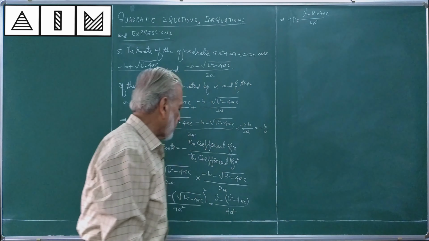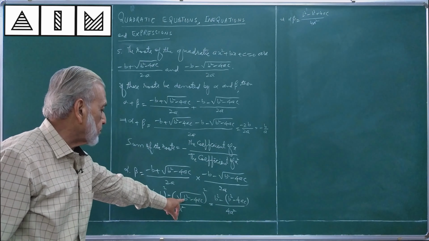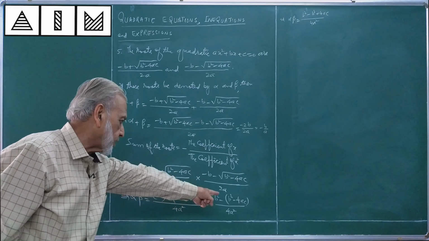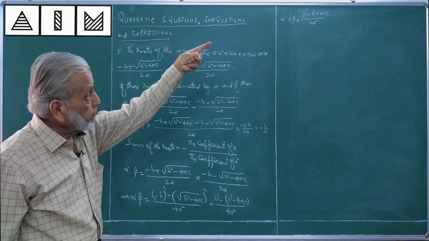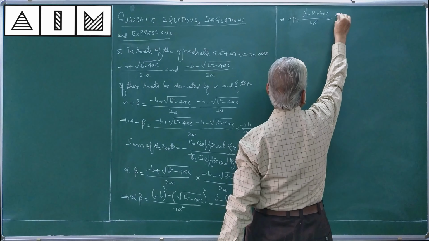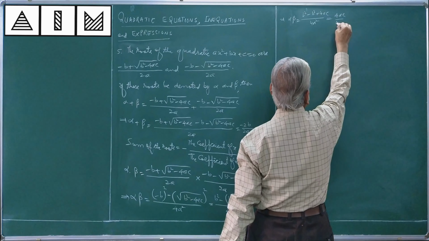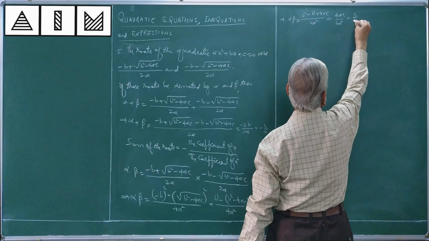Please watch the work attentively and very closely. B square minus b square minus 4ac under root square gives this one. After opening the bracket, it becomes like that. And where b square is getting cancelled, leaving for you here 4ac by 4a square.